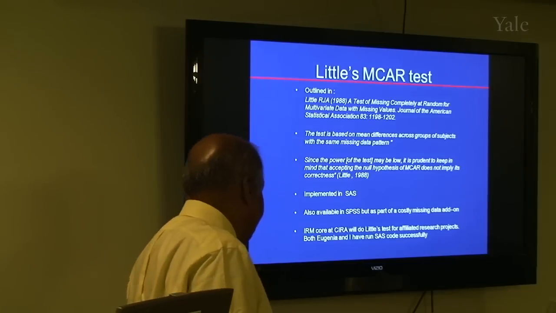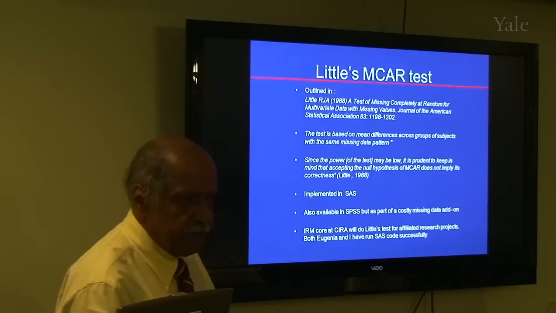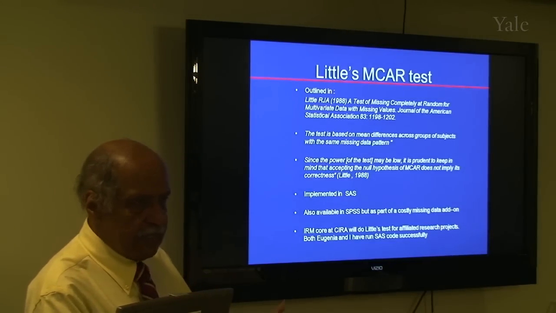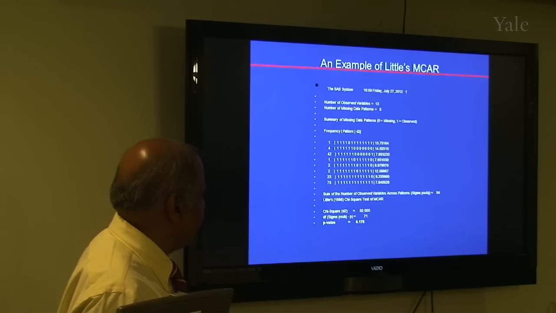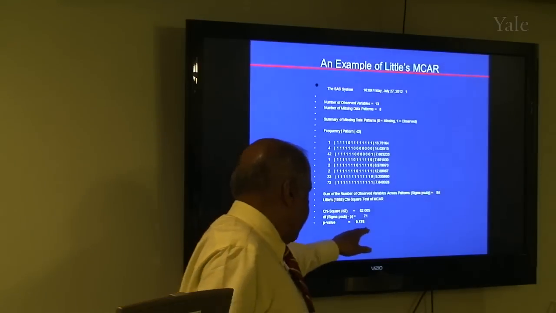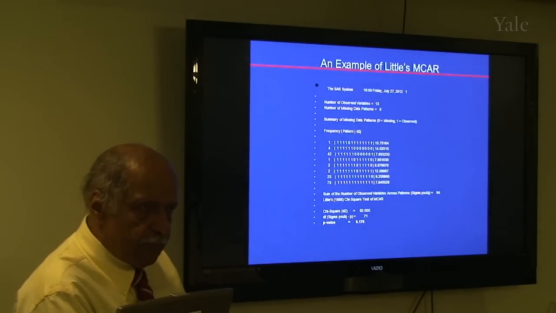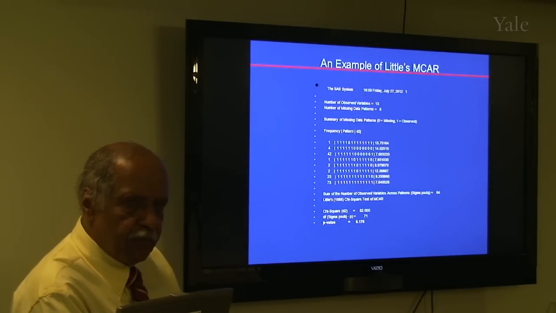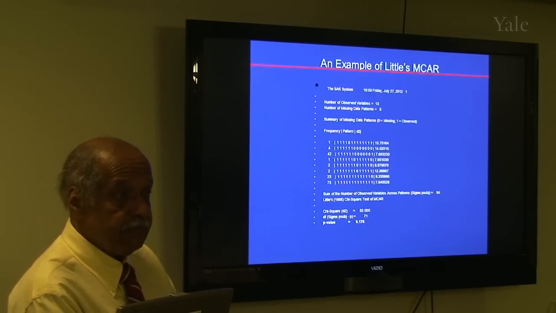Both Eugenia Buta and myself have run the SAS code successfully. Call on us. If the p-value is not significant, then you can consider the data missing completely at random and just proceed with it, okay?